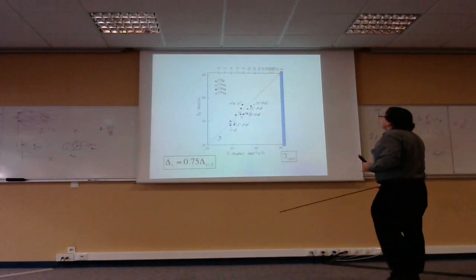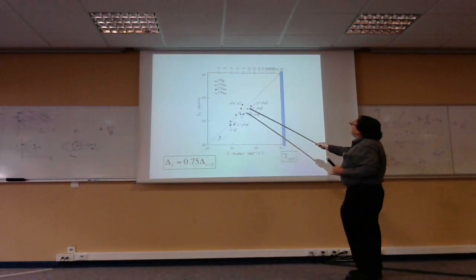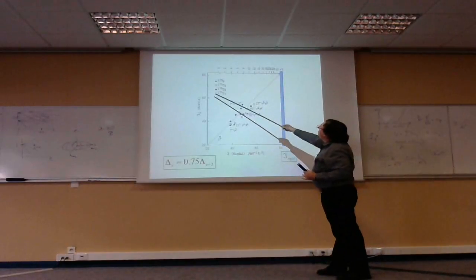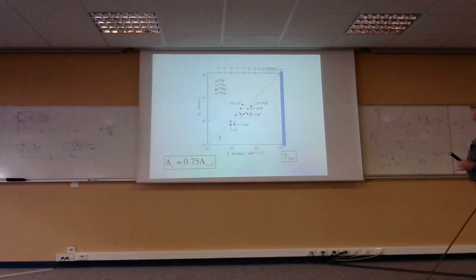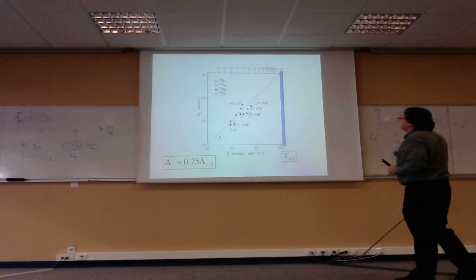And this is a plot from a review article by George Dracoulis, who sadly passed away not so long ago, who the group in Canberra look at this in very much detail.